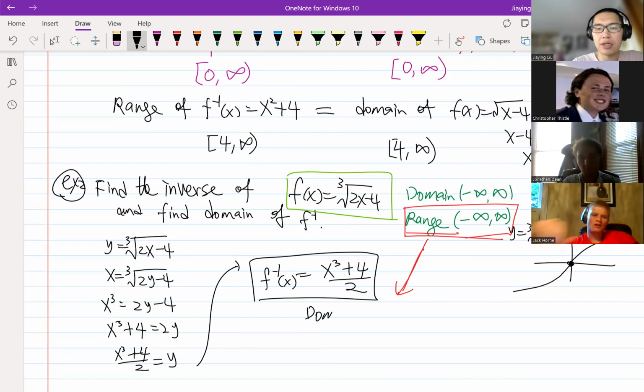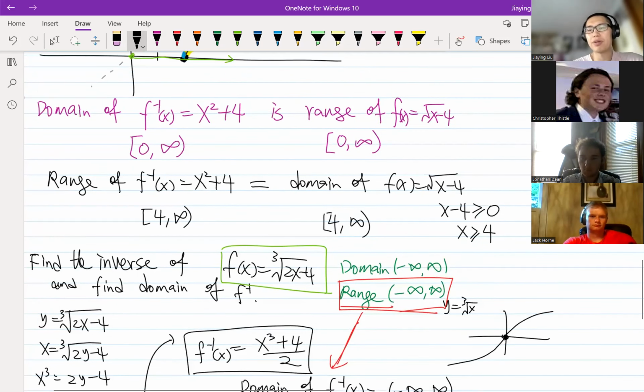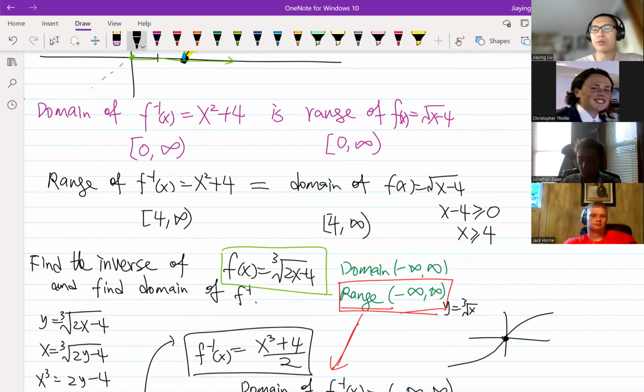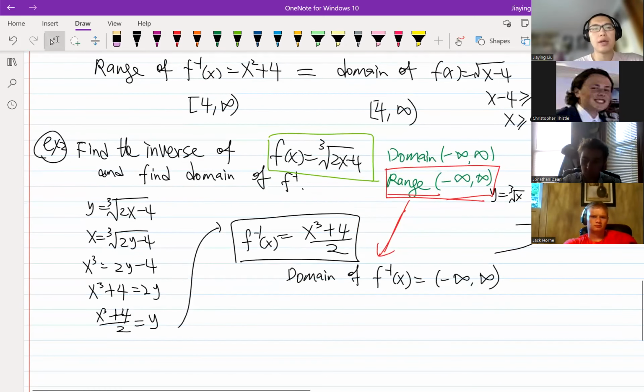Therefore, the domain of the inverse function is from negative infinity to infinity, because the original function is 1 to 1. As you can tell from the graph, it doesn't matter where you draw the horizontal line, it only touches the graph at one point. It's 1 to 1. Any questions about this example?